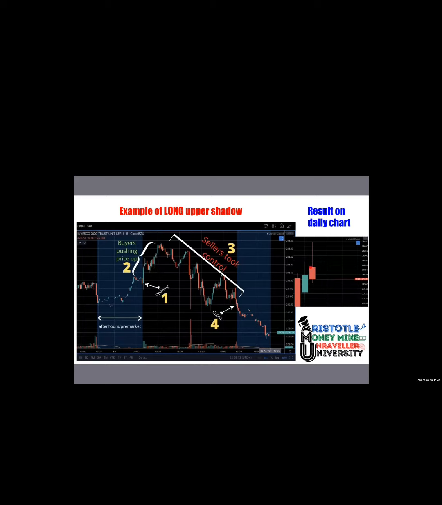And remember, this is your opening price. That's step one. This part is how high it went, so this wick represents that part. Then sellers came in control and pushed the prices lower than the opening price, as low as here.